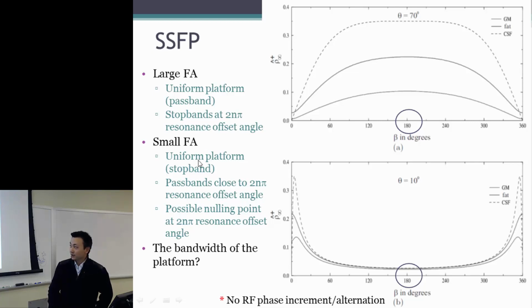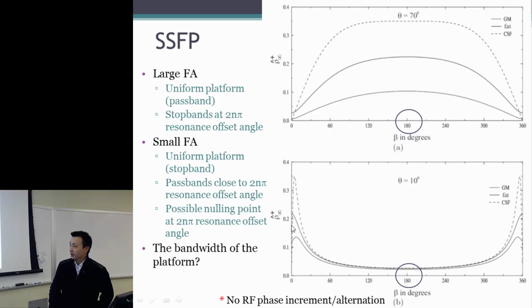This is very interesting. For large flip angle, the on-resonance spins may have very low signals, but for small flip angles, the on-resonant spins may actually have very high signals. This is a very interesting and characteristic phenomenon of SSFP imaging.